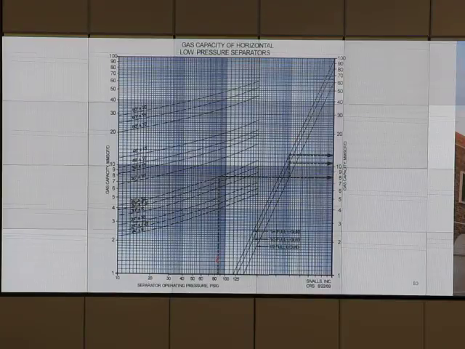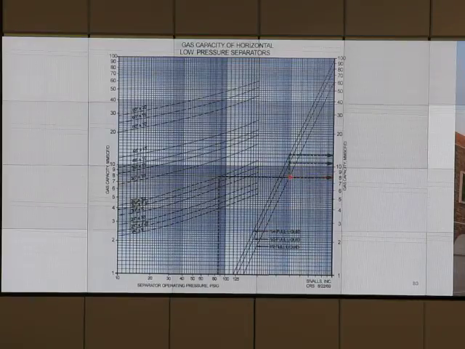So if we have a pressure of about 85, and we use a separator of size 30 inches by 10 feet, we go up until it reaches this point, then turn right. If we do half full, we don't need to do anything, we just go straight.